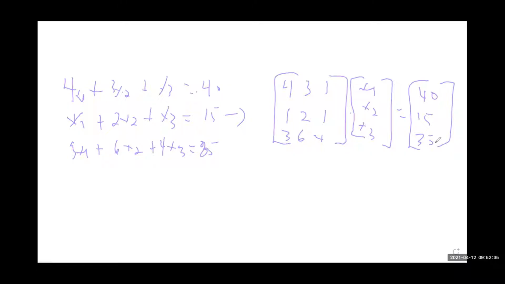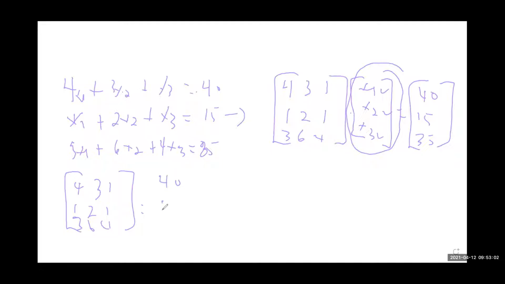To perform the operation, technically, x1, x2, x3 are fixed terms which we can't do anything to. We want to find the solutions for these, so we try to eliminate this one here. So I have 4, 3, 1, 1, 2, 1, 3, 6, 4 equal to 40, 15, and 35. Because we are performing the operations for these two, we say let's augment.